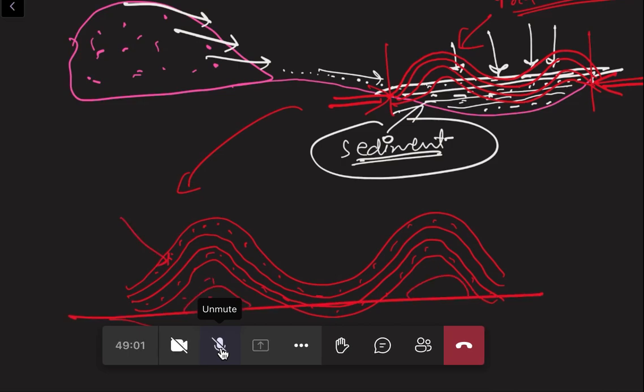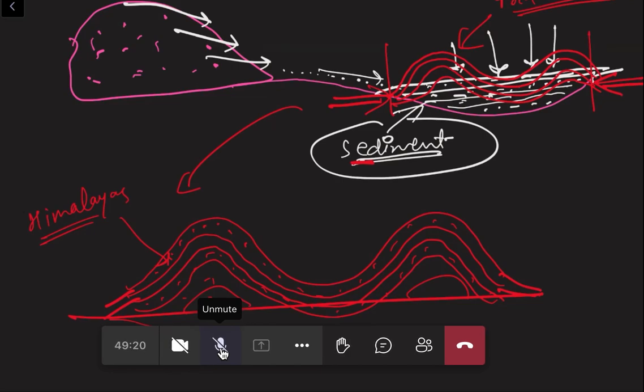Yesterday we studied their properties. Sedimentary rocks are fossiliferous, so you may get fossils. Himalayas also have many fossils. How these Himalayas are formed, that theory we'll see later on.